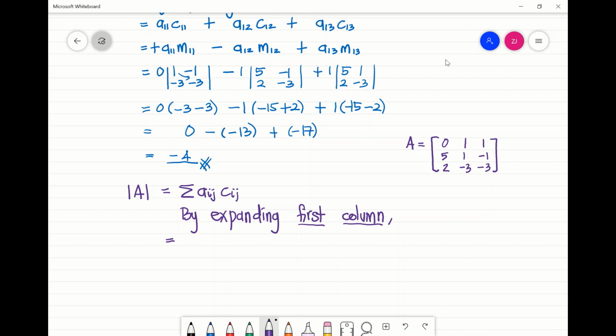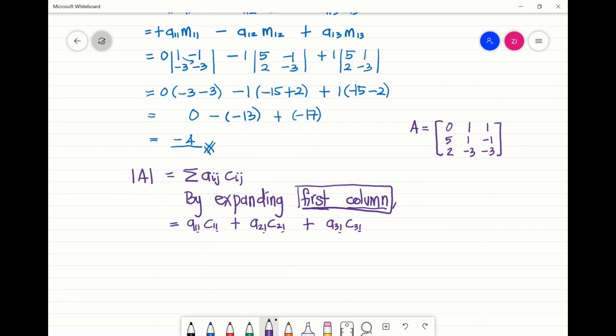Alternatively, we may also find the determinant by expanding the first column. Now let's see how to find the determinant. We substitute into the formula, so we will have A11 C11 plus A21 C21 plus A31 C31. Because we are expanding the first column, everything here comes from the first column.